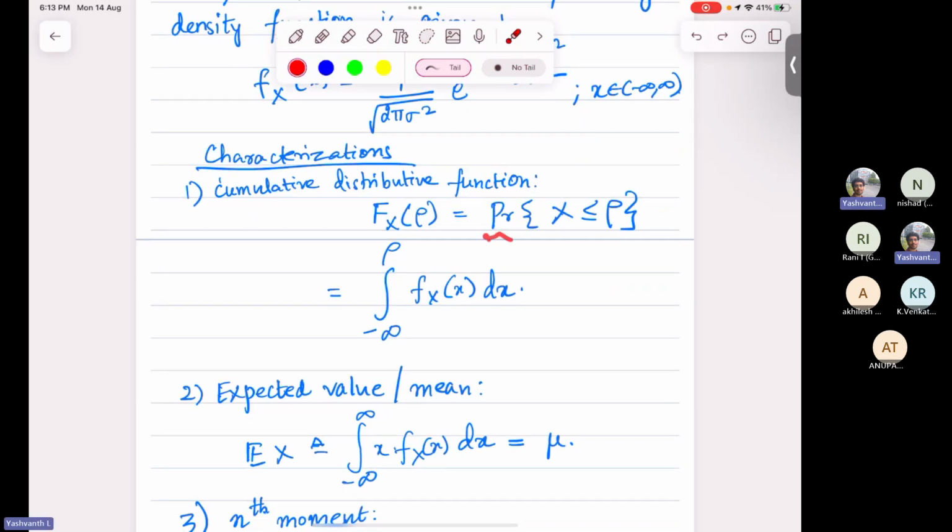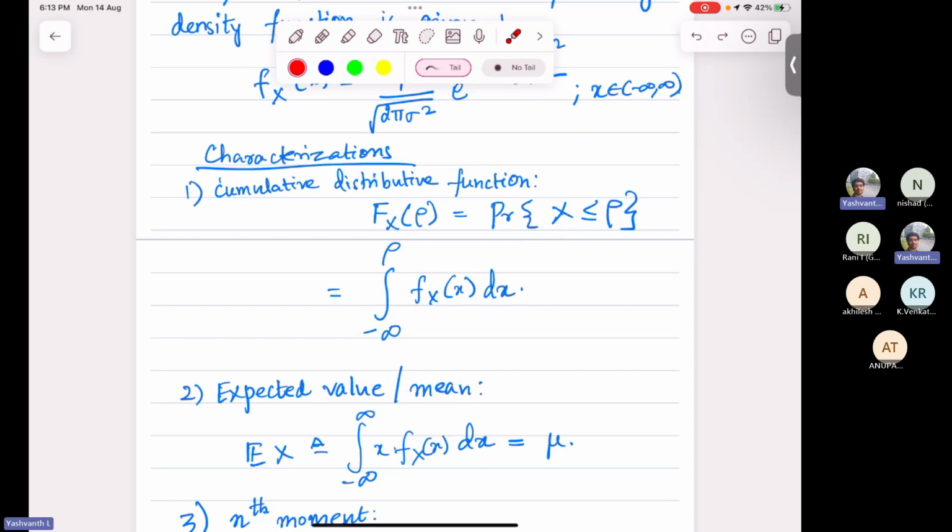In turn, if you compute this probability, the way to do it is to compute this integral. The integral limits vary from minus infinity until rho, because I'm interested in all regions of x such that x is at most rho. That means x can take values from minus infinity all the way till rho, which is captured by this integral. The integrand is the density function itself, and dx means I'm integrating with respect to the variable x.